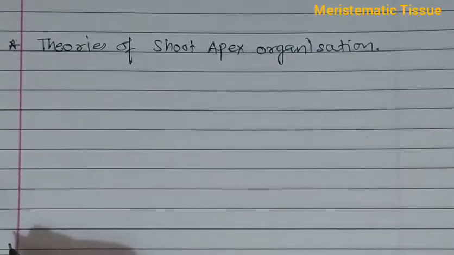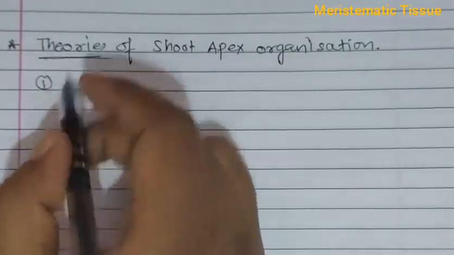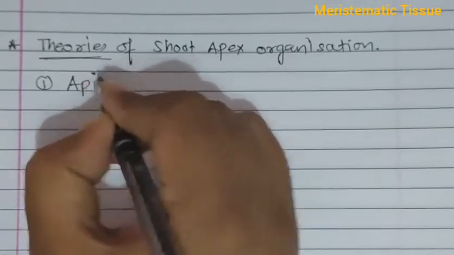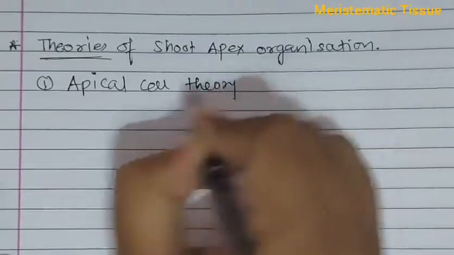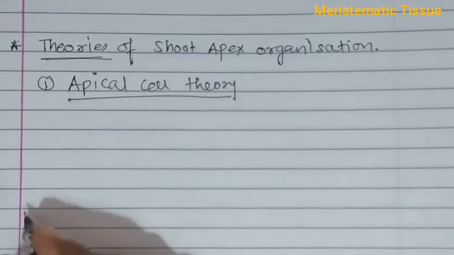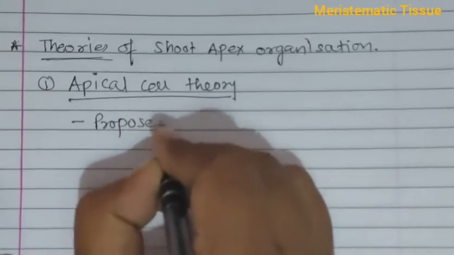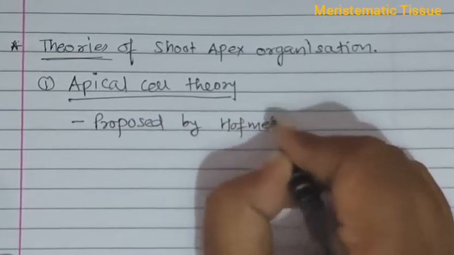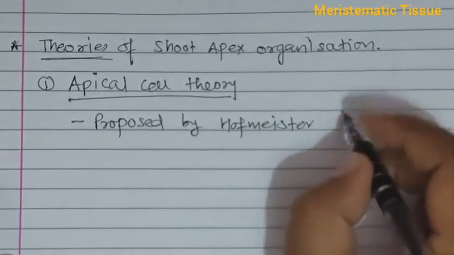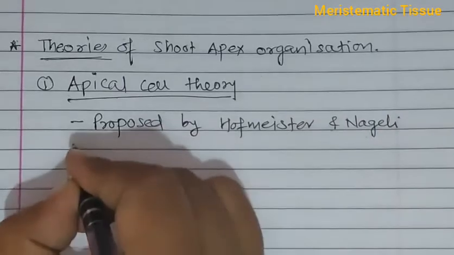Now when we talk about theories of shoot apex organization, the first theory which we discuss is the apical cell theory. This apical cell theory is proposed by Hofmeister and Nageli.